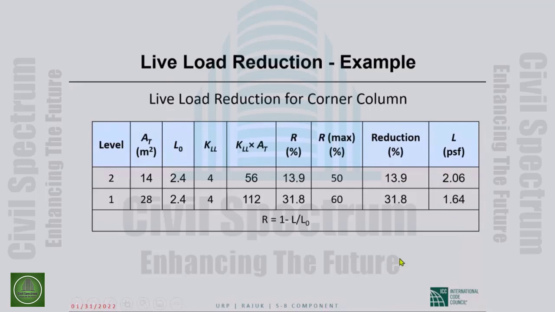Okay. So these are simple numbers, but I can attest to the fact that there is a lot of confusion. So please, we did not take the roof load as contributing to the column live load. That is one thing I need to stress. In the old days, long after I started off, there was no distinction between roof and floor.